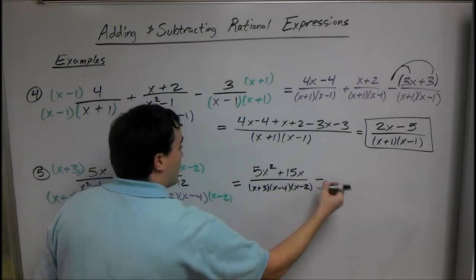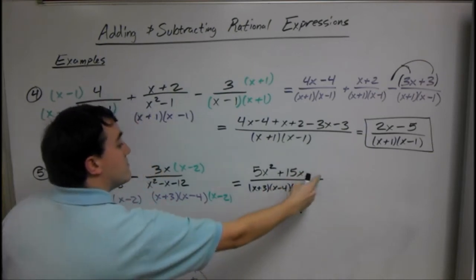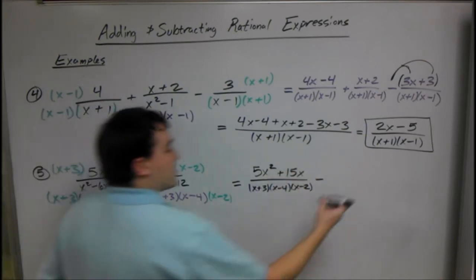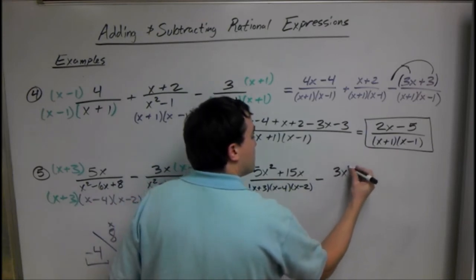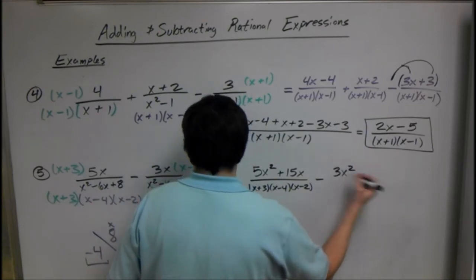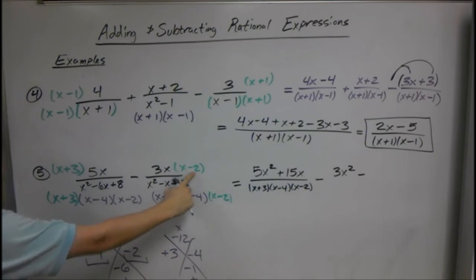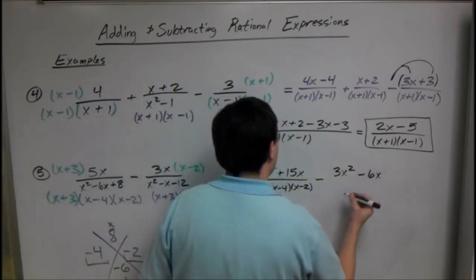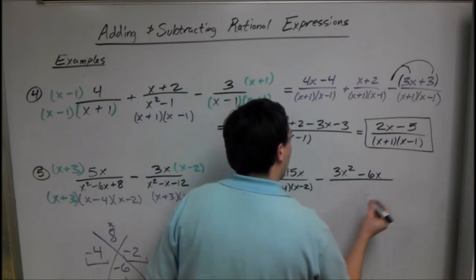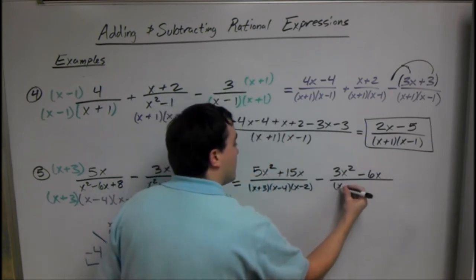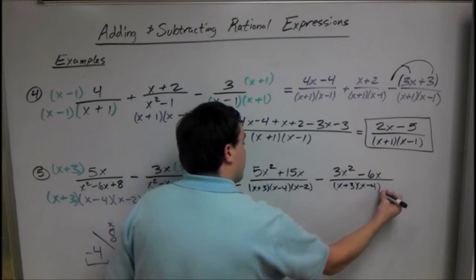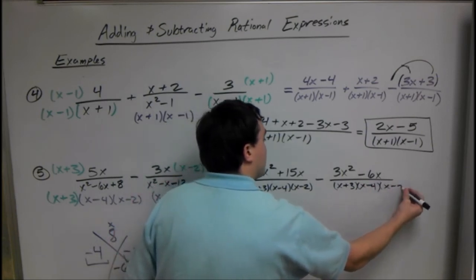Plus, minus 3x times x is 3x squared. Minus 3x times 2. 3x times 2 is negative 6x. Over common denominator, x plus 3, x minus 4, x minus 2. Does not change.